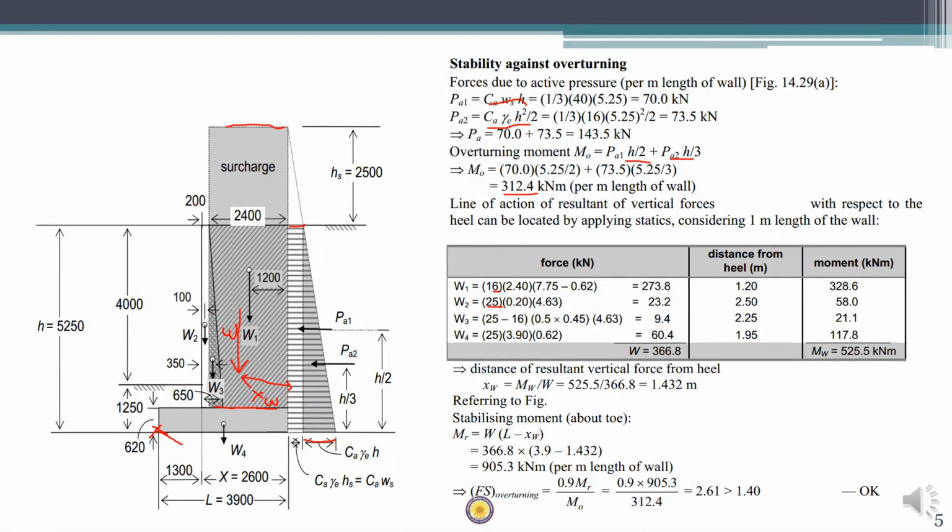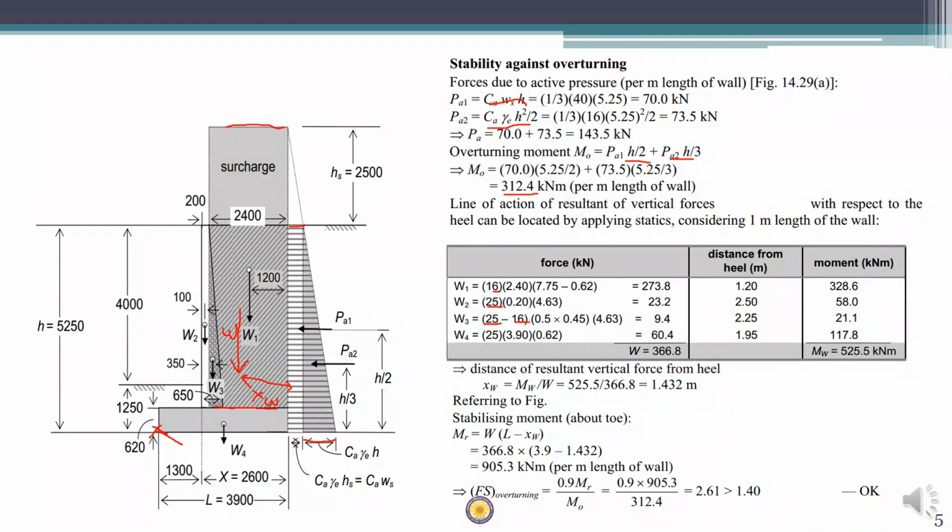So we'll add the weight of the concrete and subtract the weight of the soil from there. And W4 is the weight of the base slab. And for each of these we locate the point at which this weight acts from the heel, that is the distance from heel to each of the loads W1, W2, W3 and W4. So from these values we can calculate the location of the total vertical resultant force.